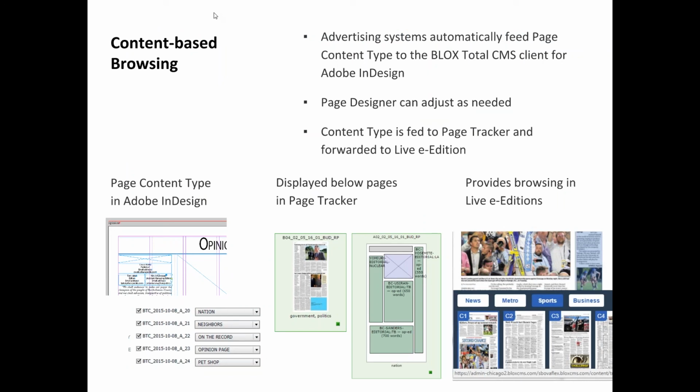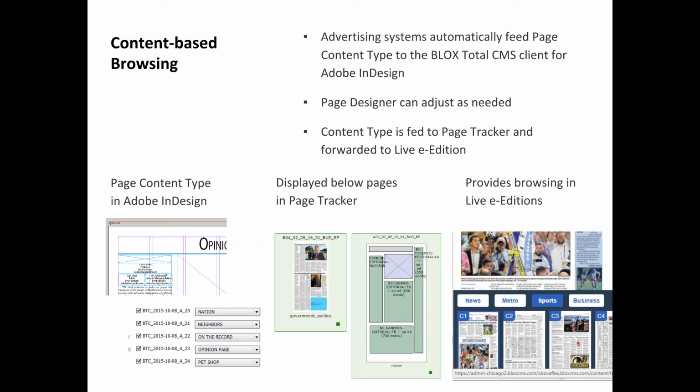And many of the advertising systems that we're using to feed the pages, to produce pages in Adobe InDesign, they already know that, for example, the opinion page is the second even page. So page 4, for example, might be the opinion page, and so we will then track that page in the system as being the opinion page.